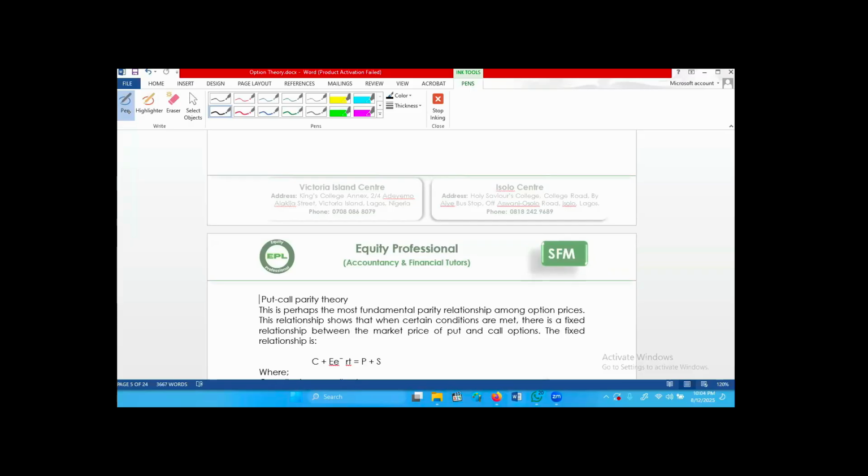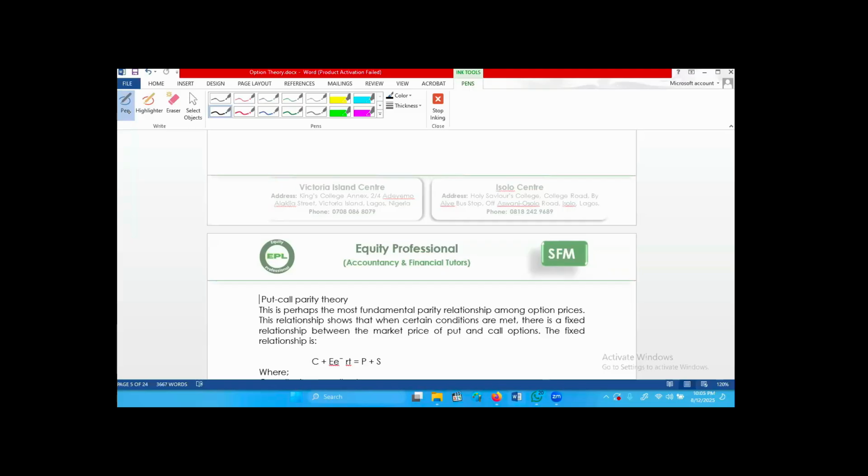This relationship shows that when certain conditions are met, there is a fixed relationship between the market price of a put option and the market price of a call option.